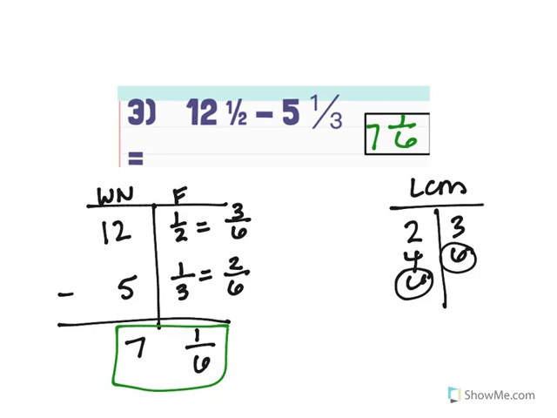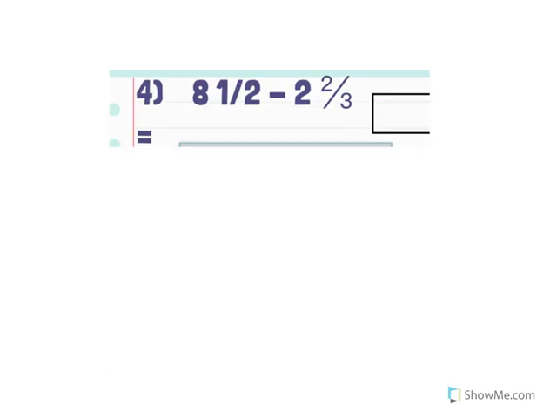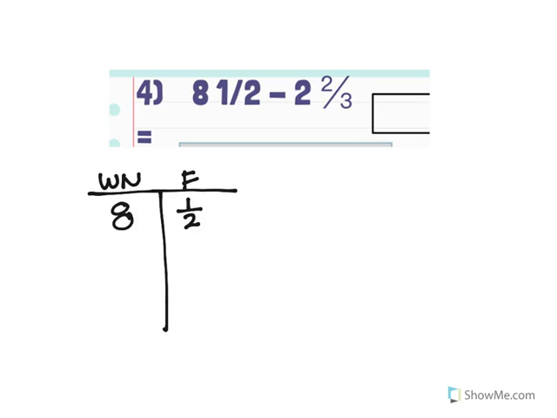One last problem, team. Let's go over to the next one. Here we have 8 and 1/2 minus 2 and 2/3. Whole numbers on the left and fractions on the right. 8 and 1/2 is our starting value, our total, and we're taking away 2 and 2/3.